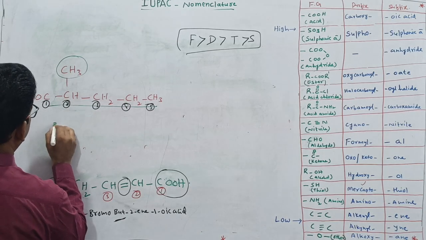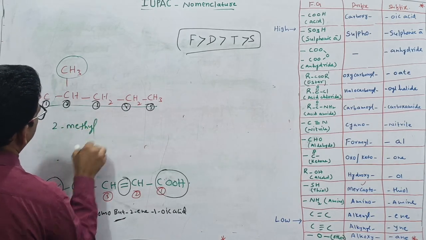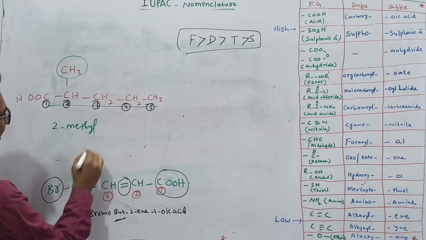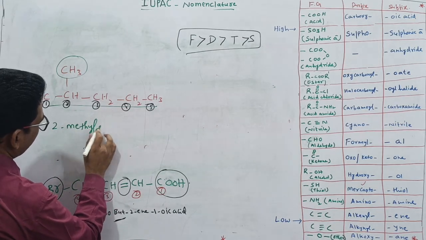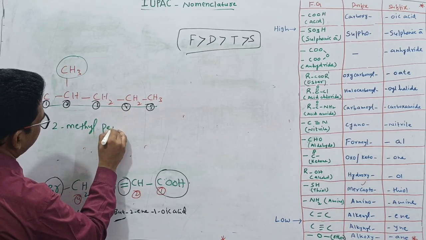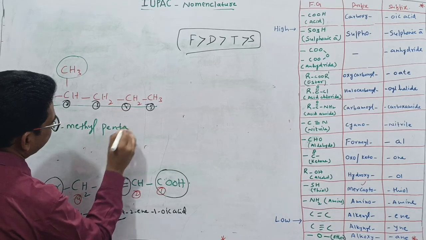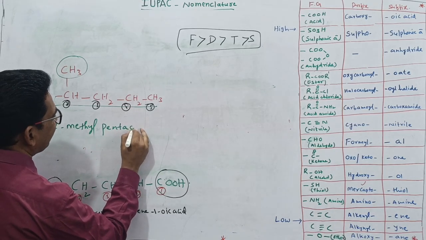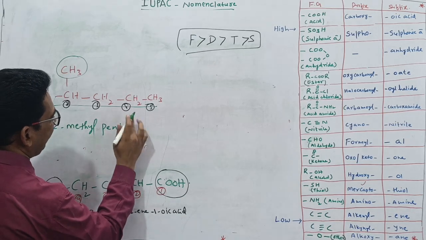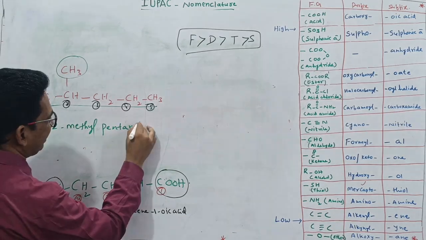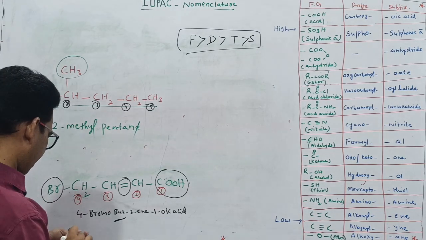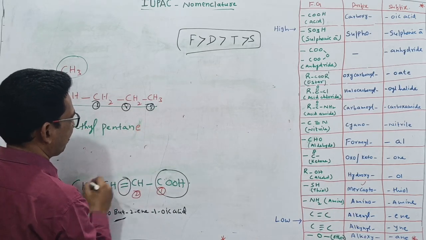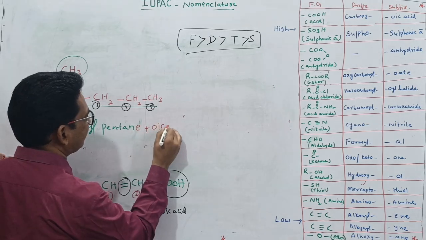That's why what I will write first, 2-methyl, then how many carbons? 1 2 3 4 5, 5 means pentane, 2-methylpentane, minus e, plus oic acid. I am not writing the e, निकाल दिया. क्यों? यहाँ पे और एक रूल है.